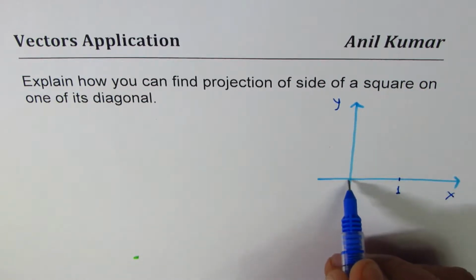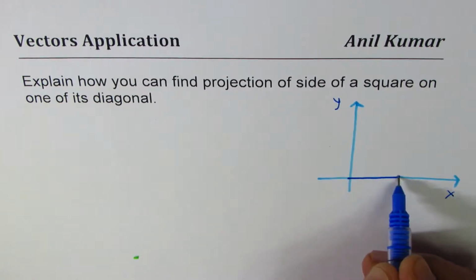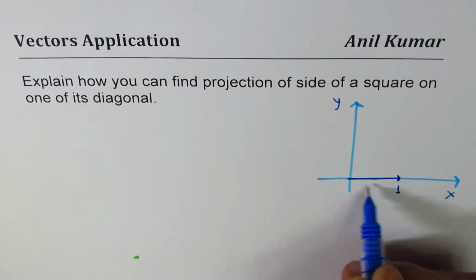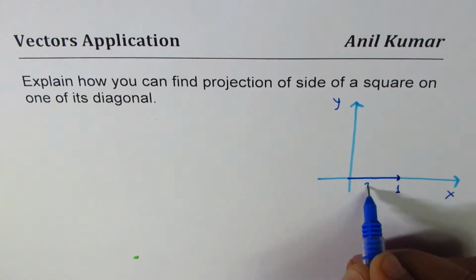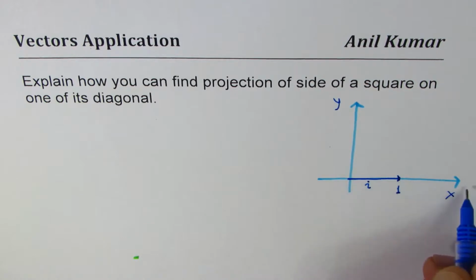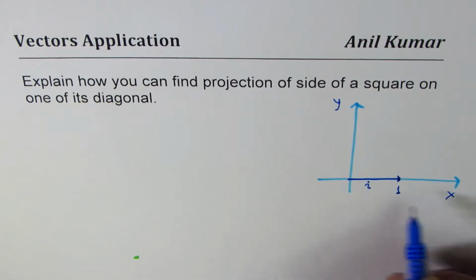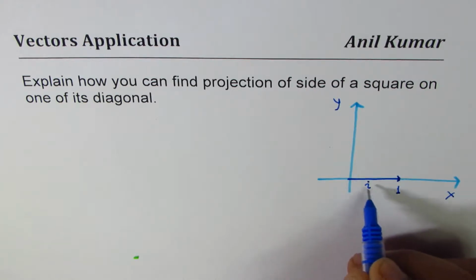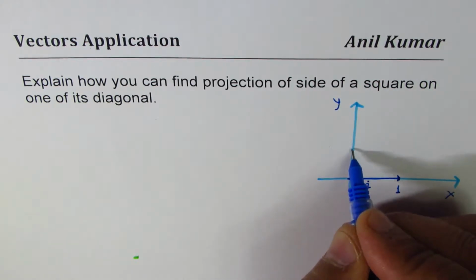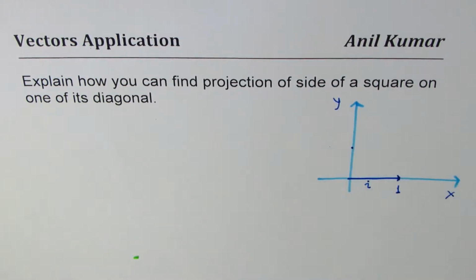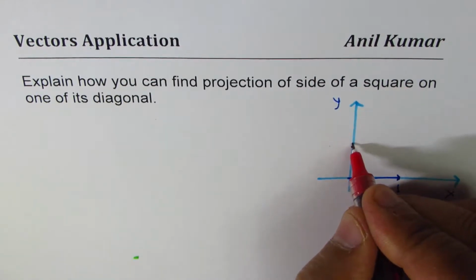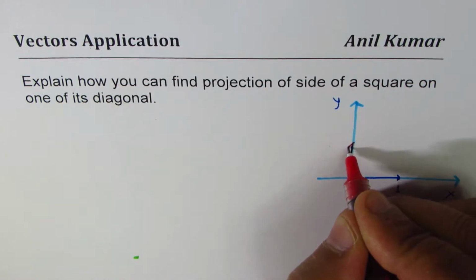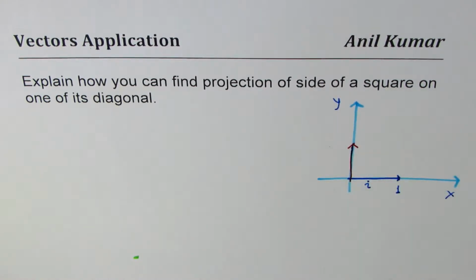So this becomes, let's say, the base of the square, and let me say this is i, a direction in x direction and magnitude 1, and similarly the other side of this square will be j, right? Normally i and j are unit vectors.